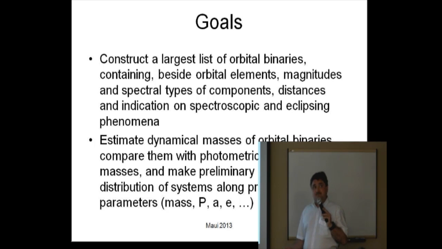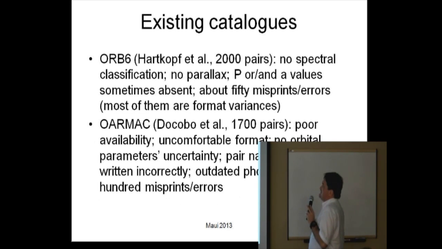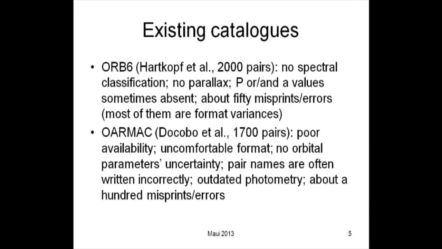However, they contain some drawbacks from the point of view of our goals. In the 6th Orbital Catalog, we found no spectral classification and no parallax data. Sometimes period and/or semi-major axis values were absent, and we found about 50 misprints, which we reported to the authors of the 6th Orbital Catalog.